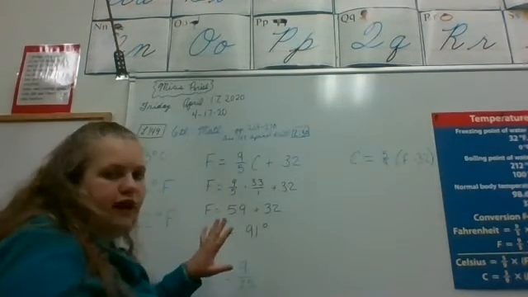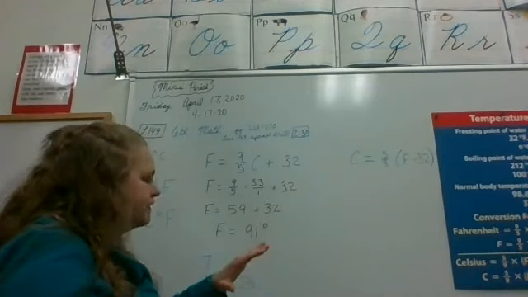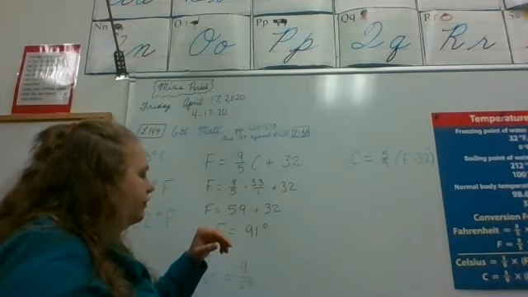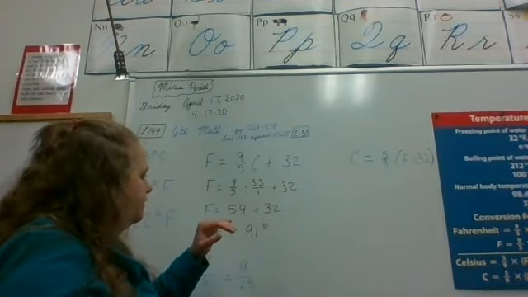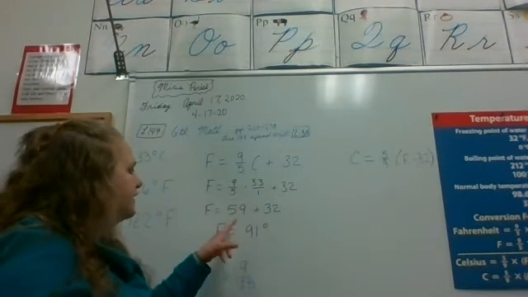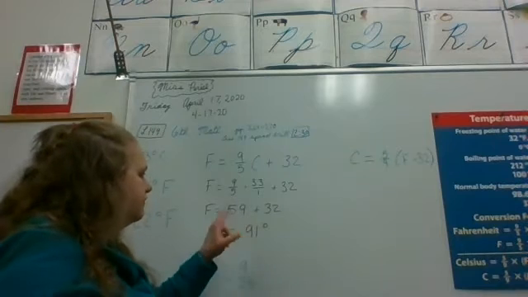That rounding is just to get the closest degree. It doesn't have to be exact, so we just round it.